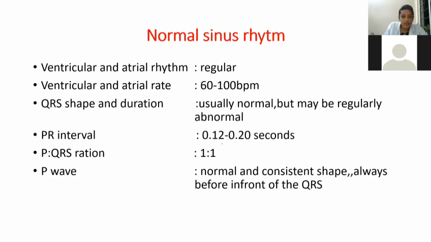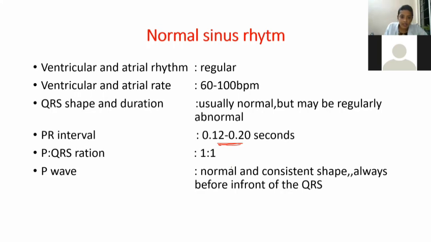The PR interval, as I already said, is 0.12 to 0.20 seconds. Then the P to QRS ratio: for one P wave, one QRS complex will be present. The P wave is normal and consistent in shape, and always present in front of the QRS complex.